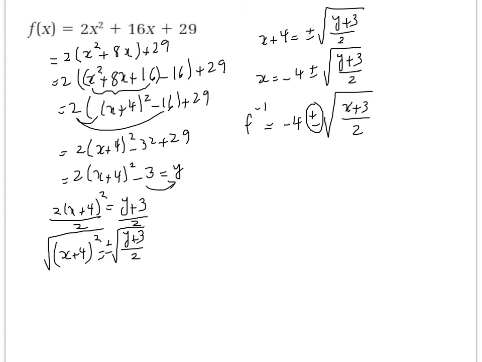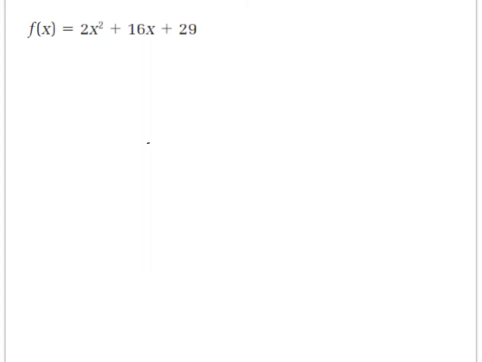There is also another method, which is the quadratic formula. Let's try to use the quadratic formula and see if we can get to the same inverse function. To use the quadratic formula, I'm going to replace f of x with y, and then I'm going to solve this using the quadratic formula. So I'm going to write this as equal to y.